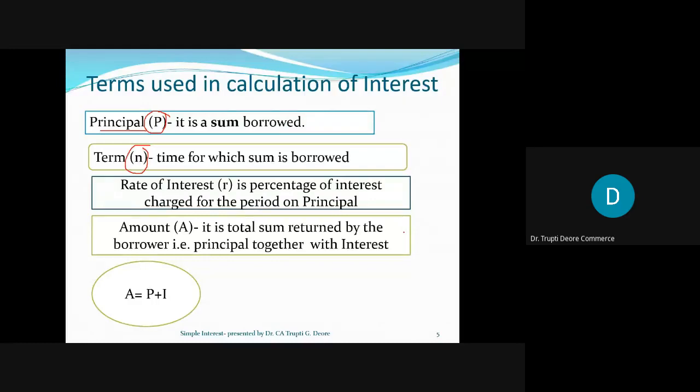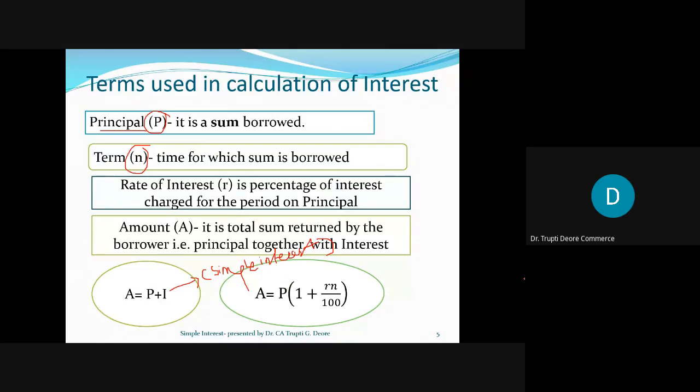After this, we have seen this one formula. So write this formula: A is equal to P plus I. That is principal plus interest. And here you have to write that I means simple interest. Okay.